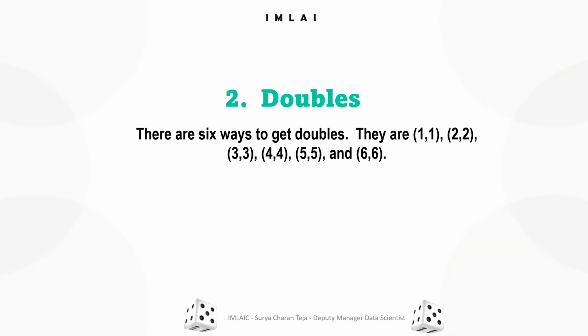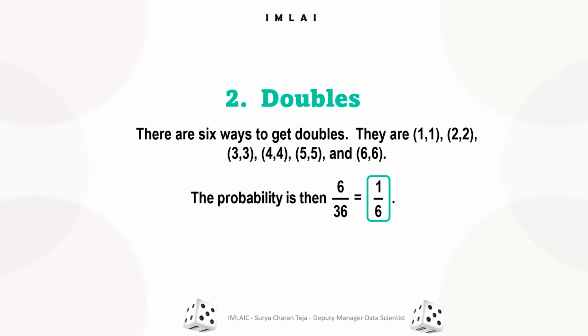Obviously the probability is the frequency of the event of getting doubles divided by sample size. That's 6 divided by 36, which is 1 by 6. So here our event is getting doubles. How many times can we get it? 6 times. Next.